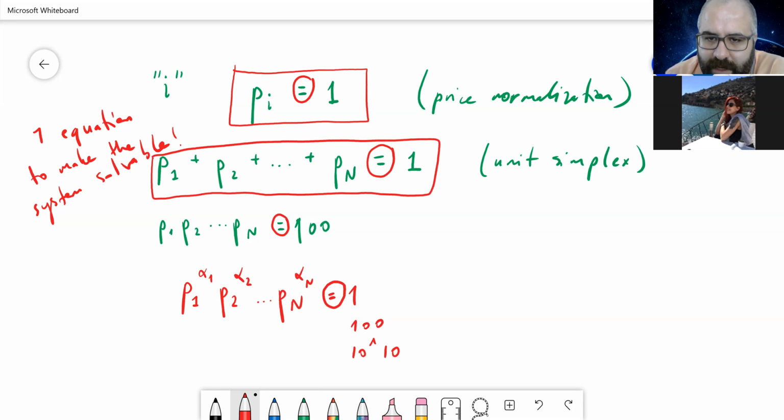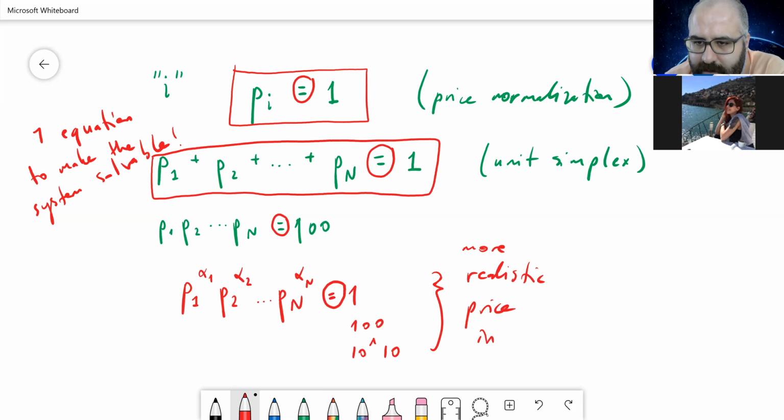In some more complicated models, you can define more realistic price indexes. Okay? Of course, that depends on your preferences as well, right? The consumption basket.